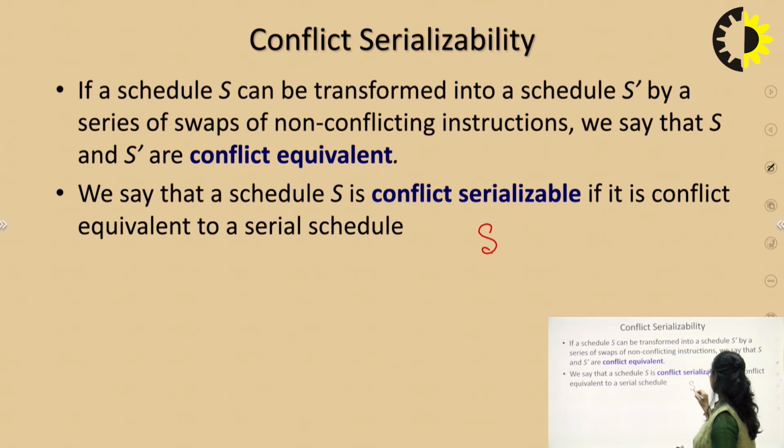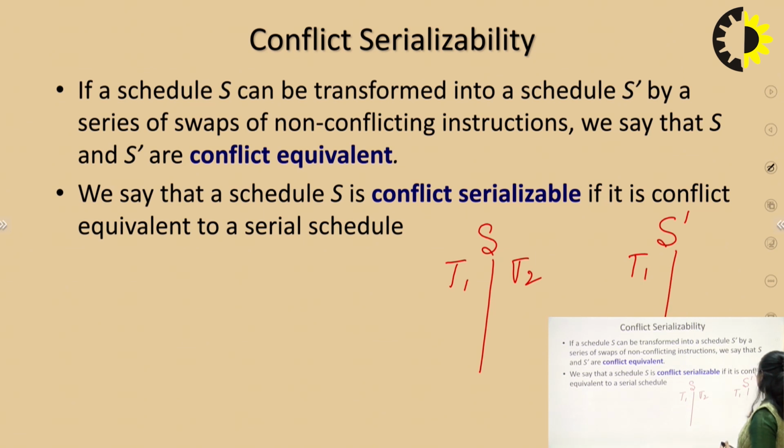Let's suppose we have a schedule S and a schedule S', each with two transactions, T1 and T2. S and S' will be considered conflict equivalent when S can be transformed into S'.